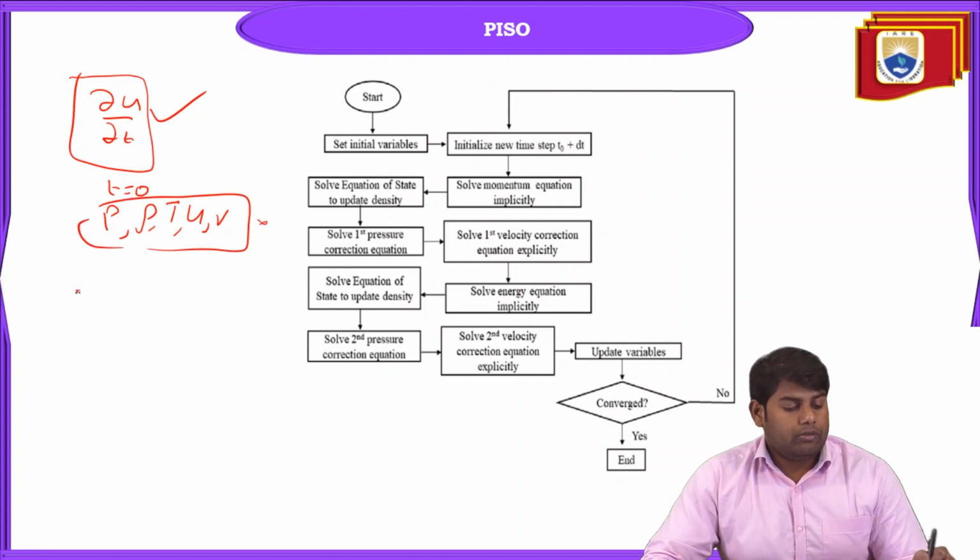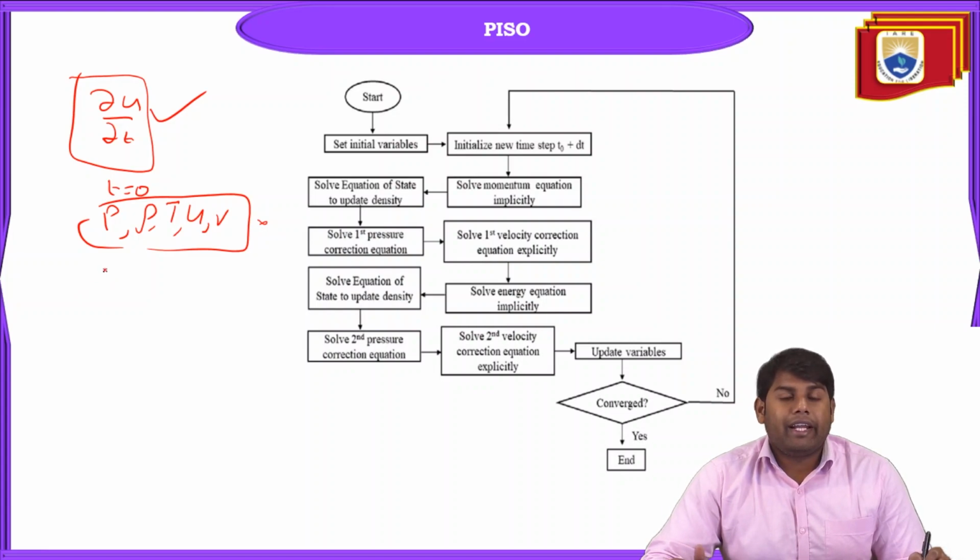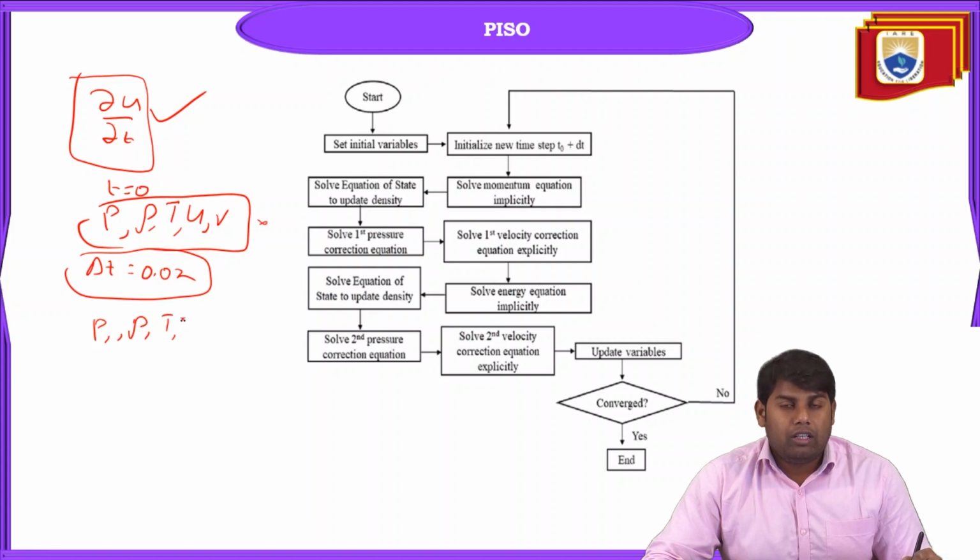After that we take a time step, let's say delta t of 0.002 seconds. At every 0.002 seconds, whatever data the simulation gives as output will be stored. Let's say initially the stored data is P1, rho 1, T1, u1, v1.